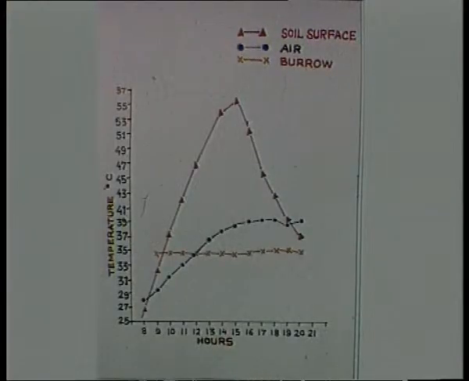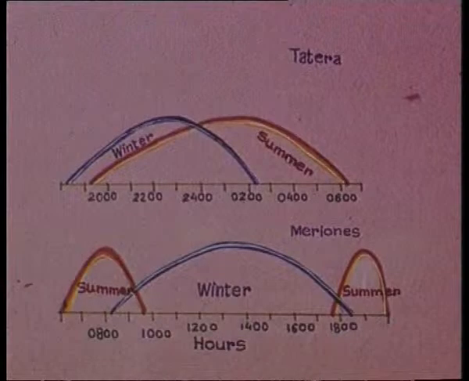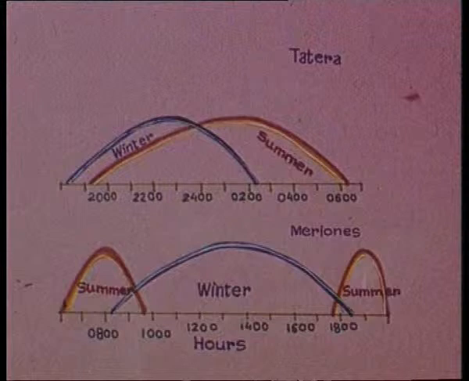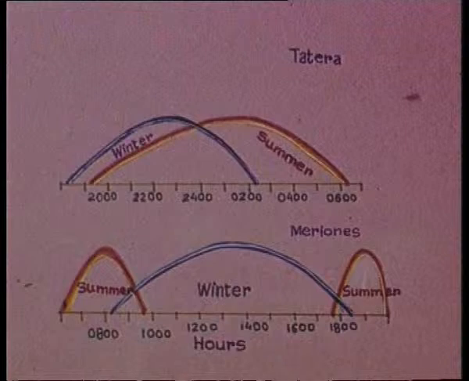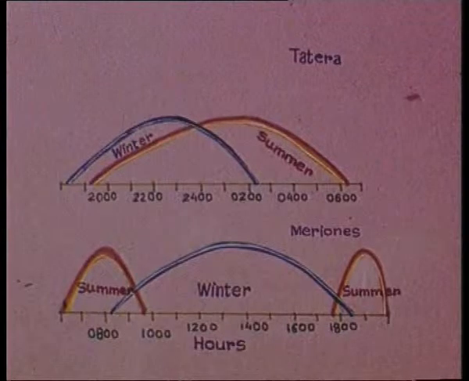Another adaptation: the nocturnal as well as the diurnal animals also shift their diel activity to avoid the extremes of temperatures. The nocturnal rodent, Tatera indica, shifts its diel activity to early evening during the winter, because the midnight is very cold.